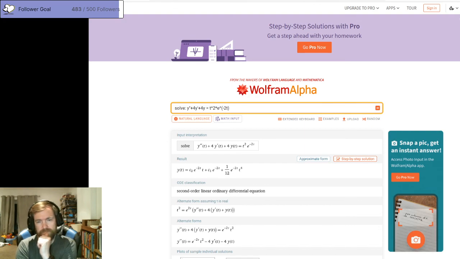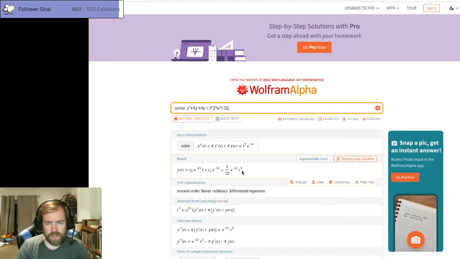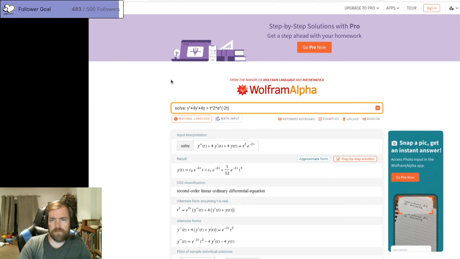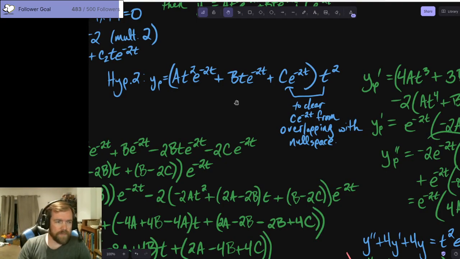Nice. That's it right there. So c2 e to the negative 2t times t plus c1 e to the negative 2t is the homogeneous or the null space solution, and then we've got a plus 1/12 t to the fourth e to the negative 2t. Awesome. So that is the correct method to go through it, and that will work for us.